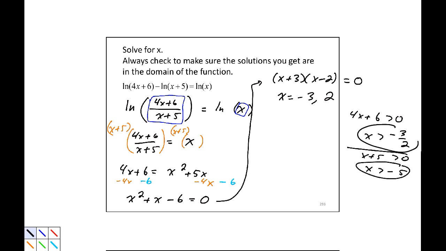Both of those have to be true for our solutions. So x equals negative 3 is not greater than negative 3 over 2, so it is not a possible solution. However, x equals 2 is. So x equals 2 is our one valid solution to this equation.